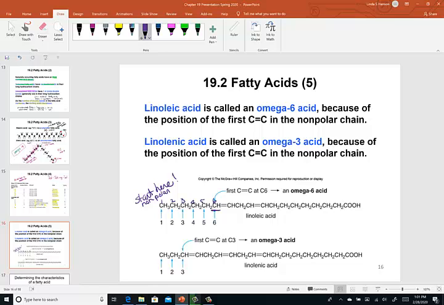The site of the double bond, the first one you hit, that's how you would name it, as an omega-6 acid. I know there's at least two in this structure. Linolenic acid, now hear the difference in name, linoleic, linolenic, contains the first double bond between carbon 3 and 4 right here. So it's called an omega-3 acid. The position of the first double bond in the nonpolar chain is how you hear the omega part in the nomenclature for these fatty acids.